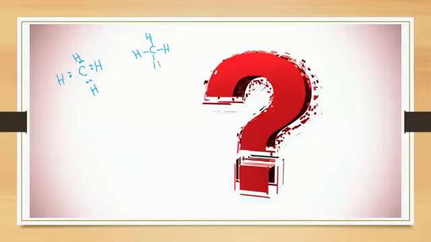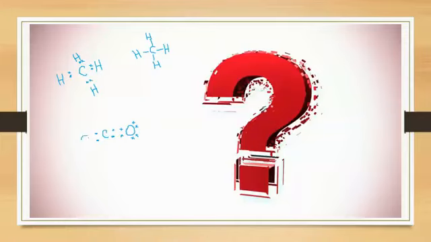On the other hand, in carbon dioxide, carbon has 4 electrons in its outermost energy level. It combines with oxygen. The oxygen atom shares 2 electrons with the carbon atom. But oxygen has 6 electrons in its outermost energy level, so there are 2 lone pairs.